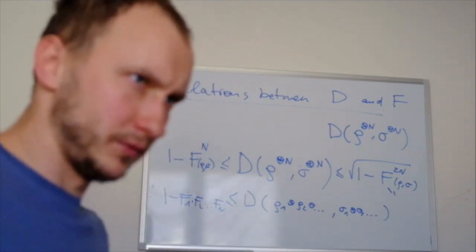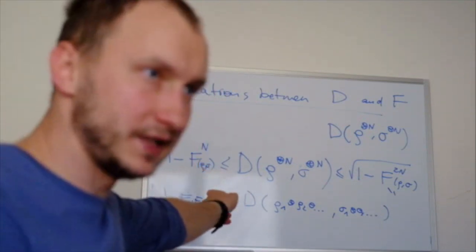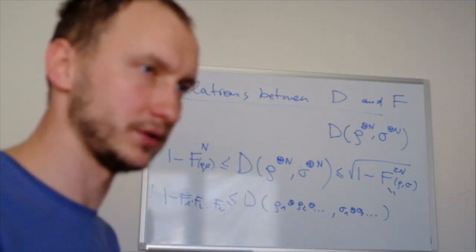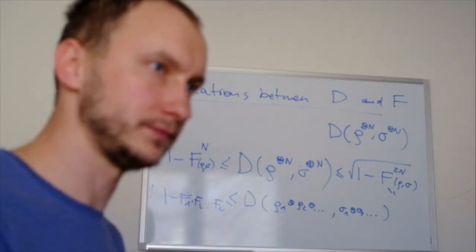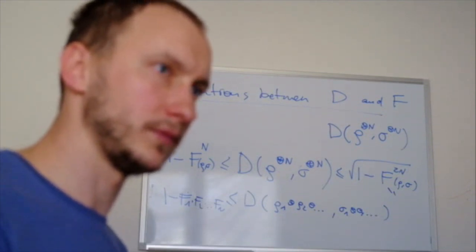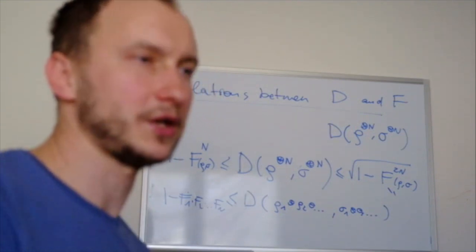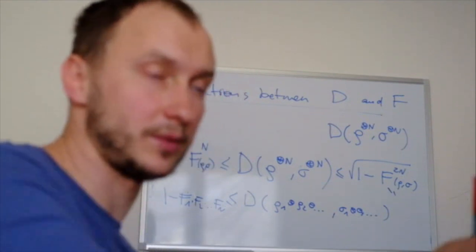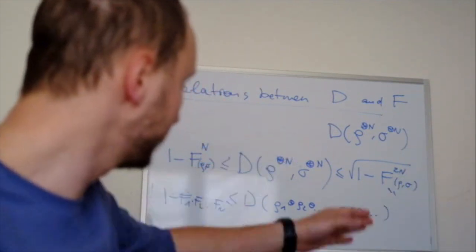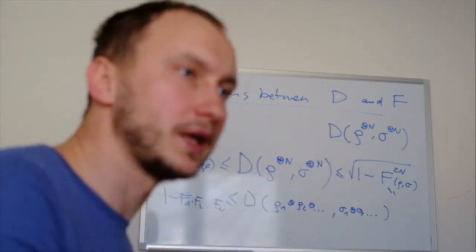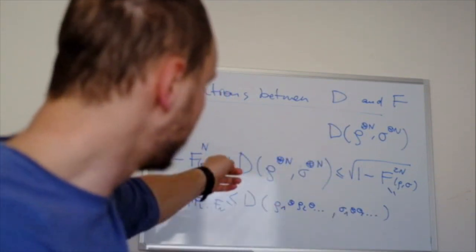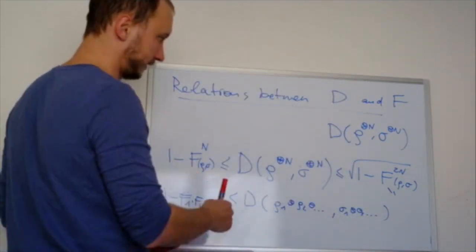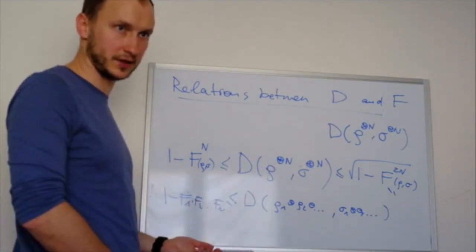Moreover, there is something here. To get this global fidelity, do I need an entangled measurement, or can I just measure the copies individually? That would depend on how we prepare the states rho and sigma, whether they're entangled or not. No, they're not entangled, because it's a tensor product, just across the copies. We have n copies here, and this is just a product state. So in principle, the optimal measurement that achieves this fidelity could be an entangled one, but it's never the case, and you also see it in the exercises.